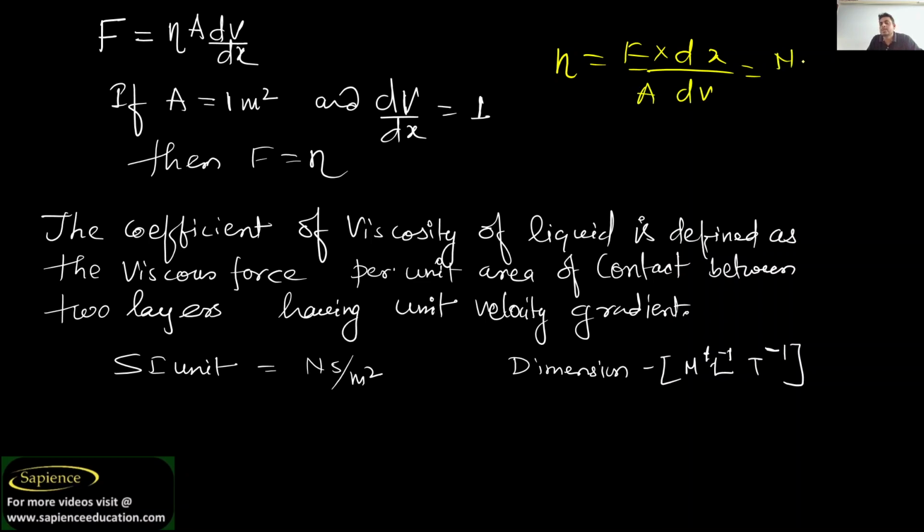Force has unit Newton, dx has unit meter, divided by area with unit meter square, and dv is meter per second. If I cancel this, we get Newton second per meter square. So this is the SI unit of the coefficient of viscosity.